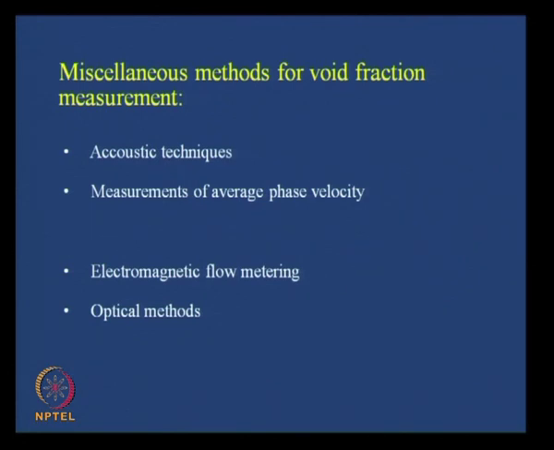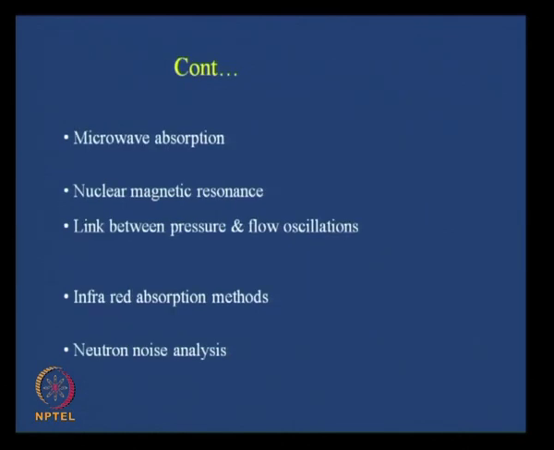Usually we use gamma rays. Instead of radiation absorption, we can use microwave absorption. This does not have the hazards of radiation. So, this is one very good thing about microwave.